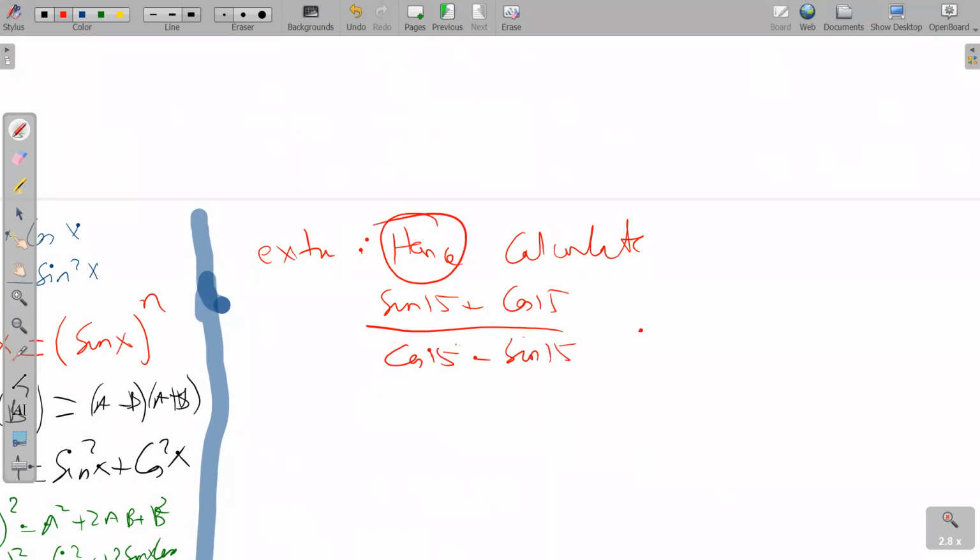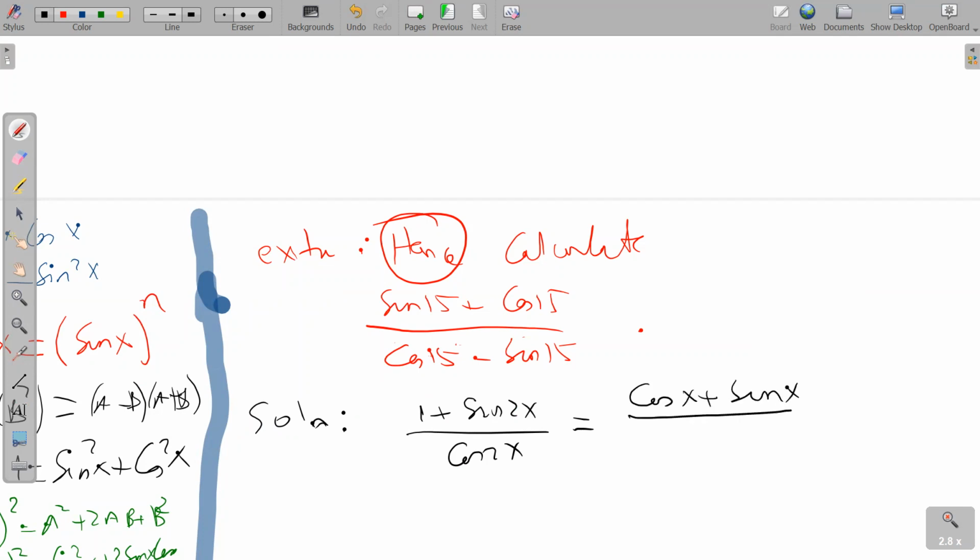So hence use the previous method. What is that one? Solution. Write the formula, which is given in the question. 1 plus sin 2x over cos 2x is equal to cos x plus sin x divided by cos x minus sin x.